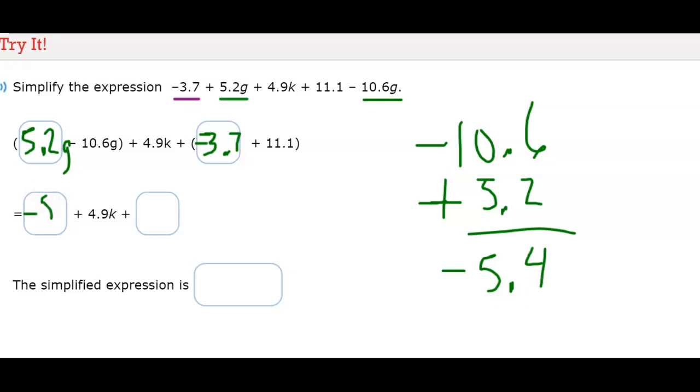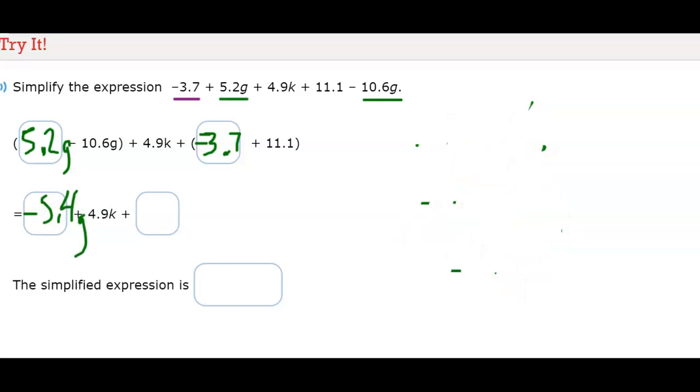So we're going to put negative 5 and 4 tenths g here. Then we're going to combine the negative 3 7/10 and the 11 and 1/10. And because there's a negative, it's going to be essentially subtracting.